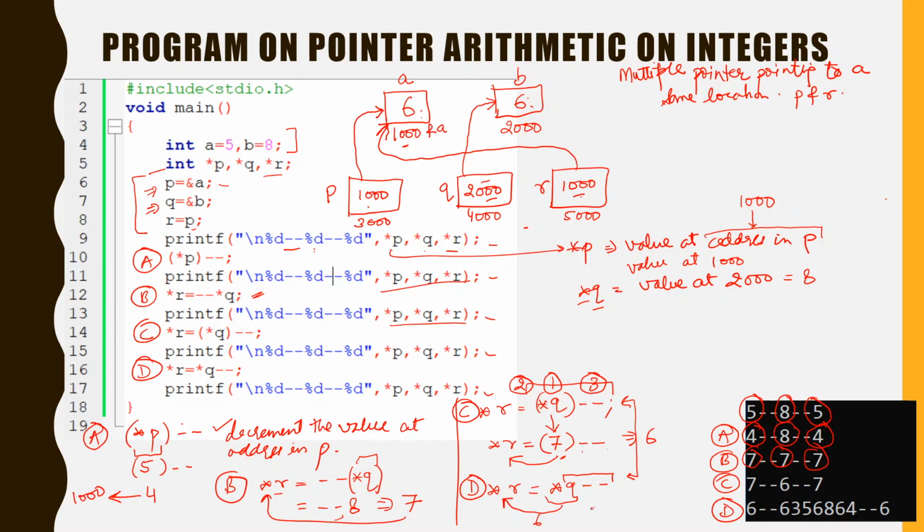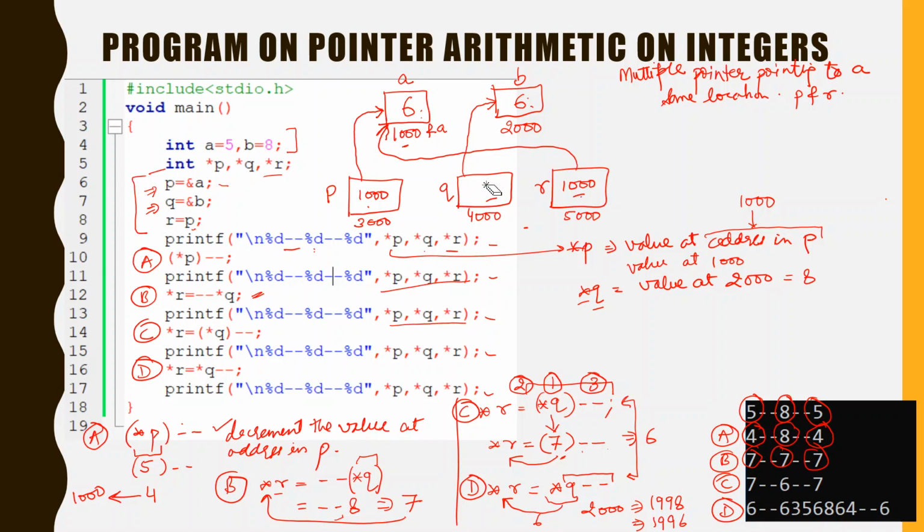Now q has 2000, and 2000 will be decremented to the previous integer location. If an integer takes 2 bytes, the value would be 1998, and if it takes 4 bytes, the value would be 1996, depending upon your compiler.